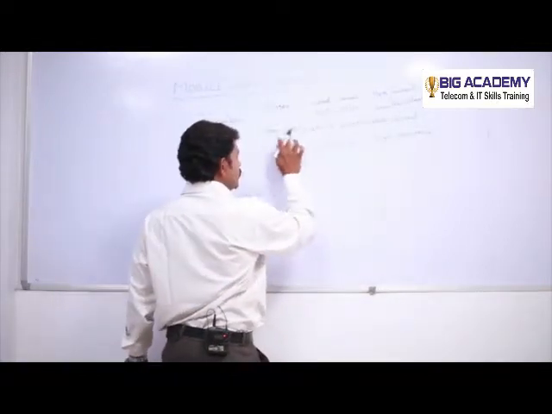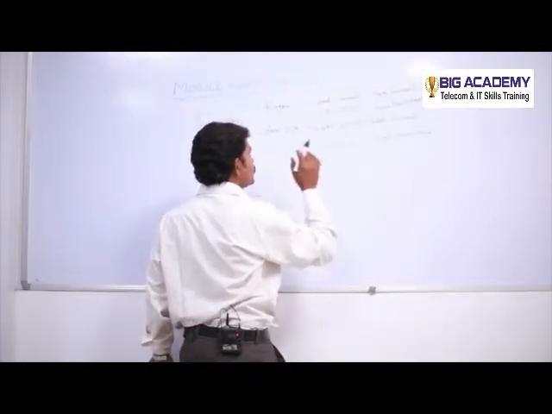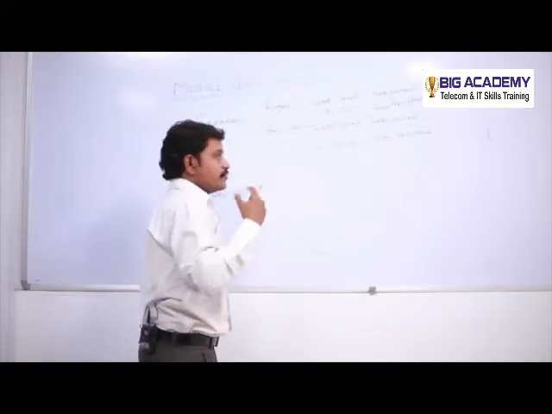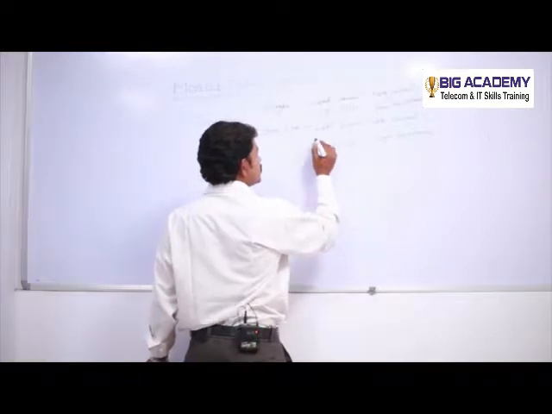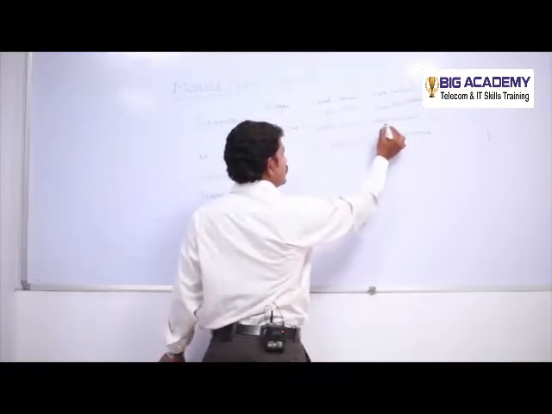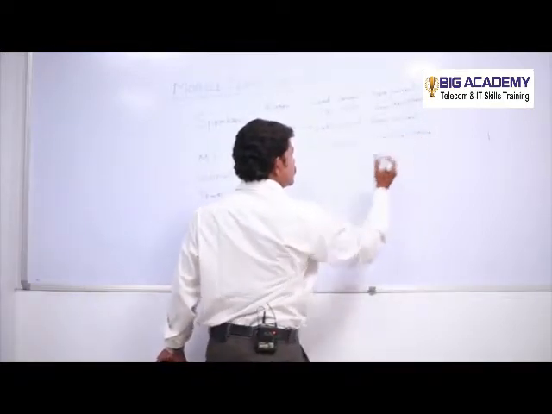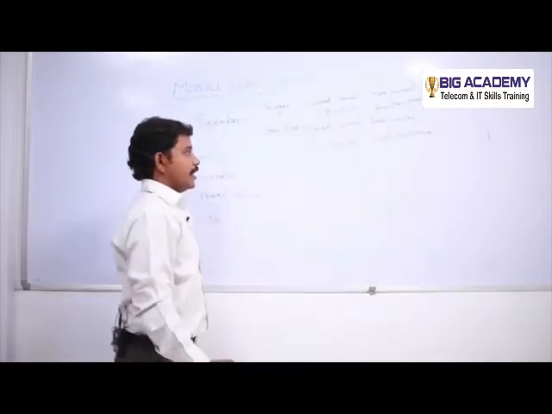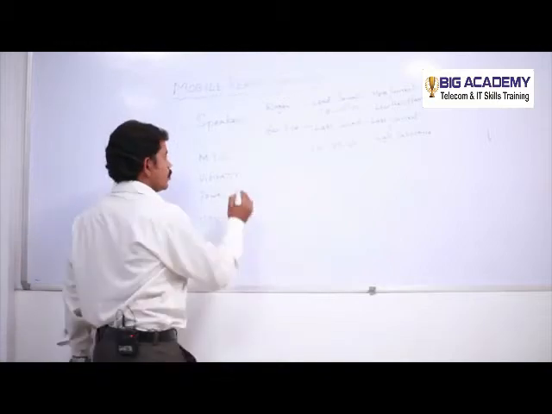And vice versa for ear speaker, earphone speaker, where you can hear the sound if another subscriber speaks. So less sound, less current required, and high resistance. So compared to this, it is high, 16 to 32 ohms.